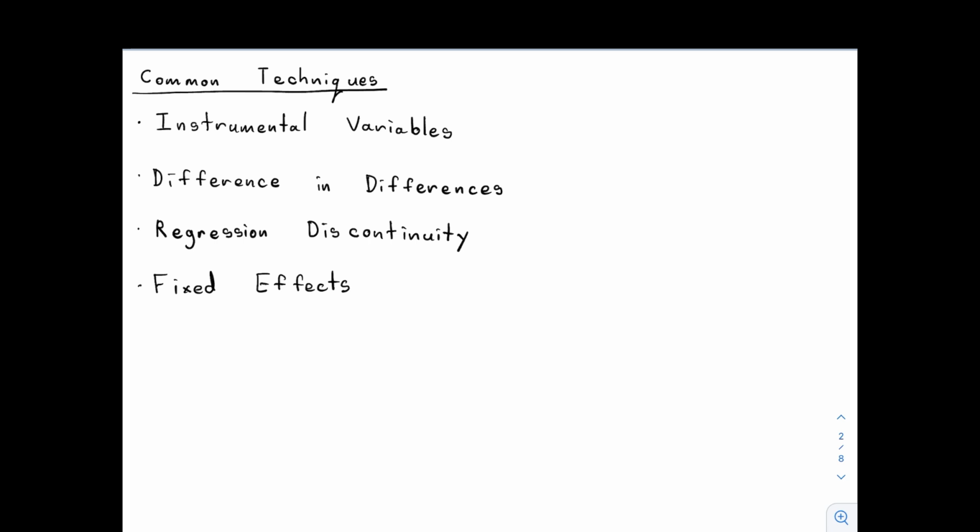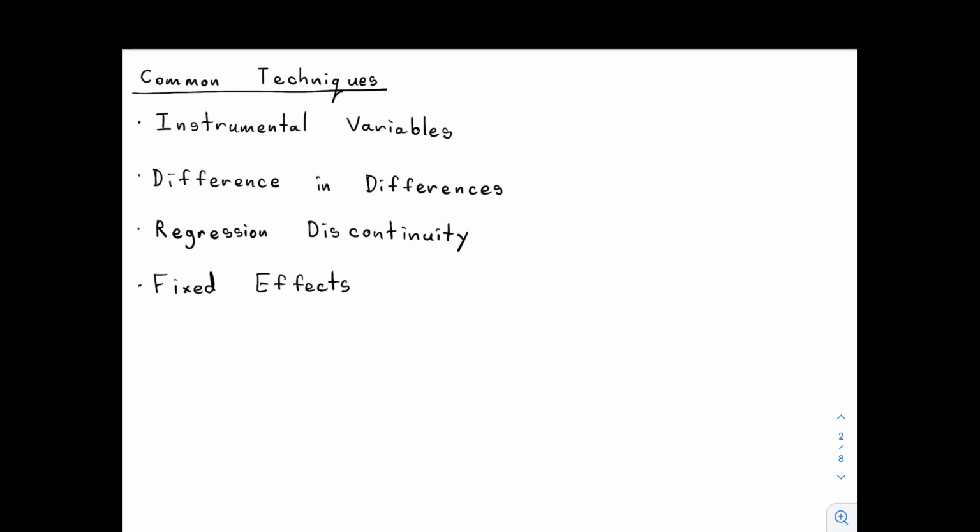And so in those scenarios, there are some established techniques for using the observed data and still trying to establish some degree of causality. And I've listed out some common techniques used when trying to establish causality or performing causal inference.